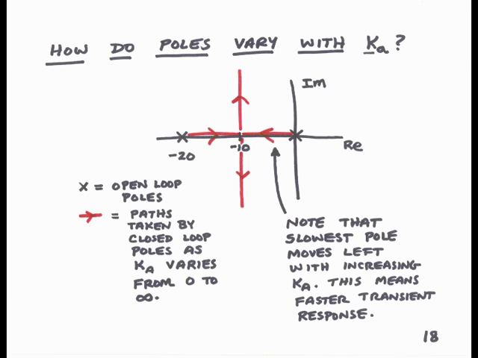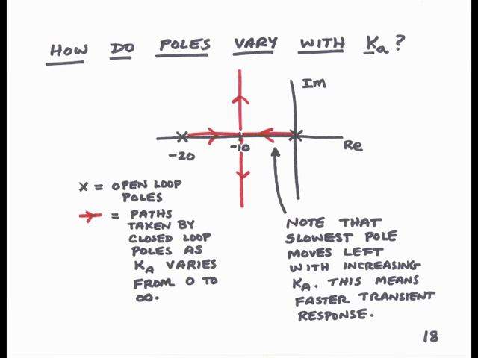So let's look at how the closed-loop poles vary with ka. And here we have a diagram which is known as a root locus diagram. It shows the positions of the closed-loop poles as ka is varied. As ka is varied, the closed-loop poles will move along paths in the complex plane.